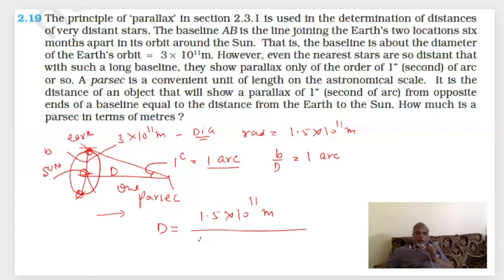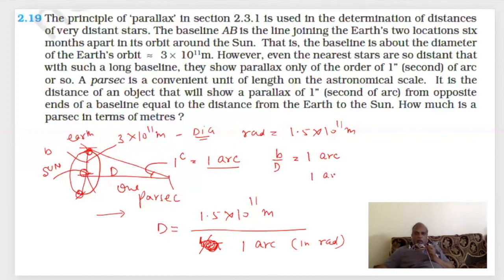One arc we can write as... 180 degree is nothing but pi radian. So what is one arc in radian?